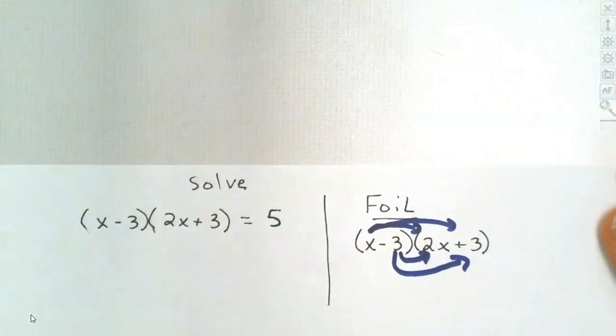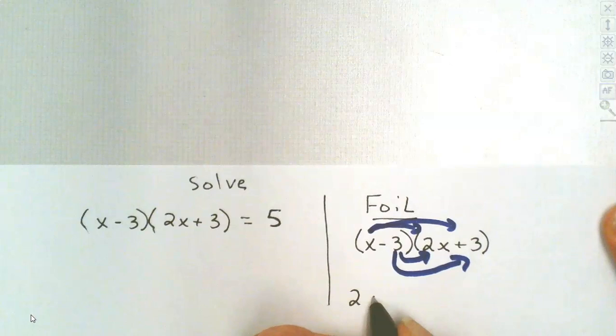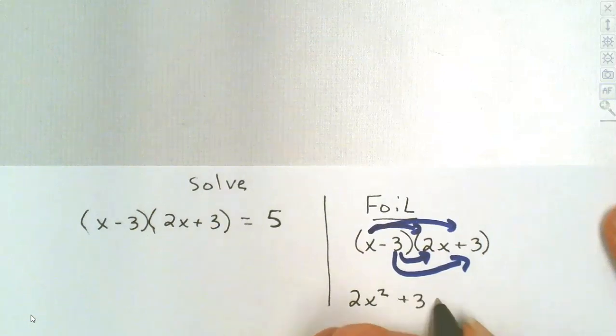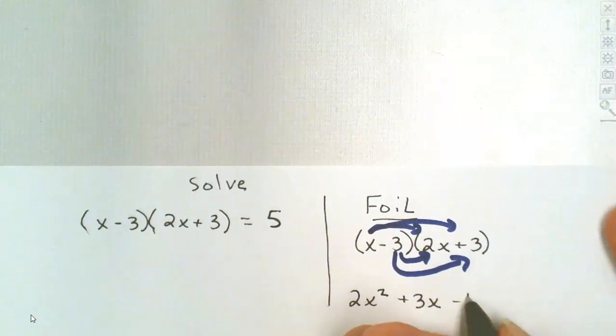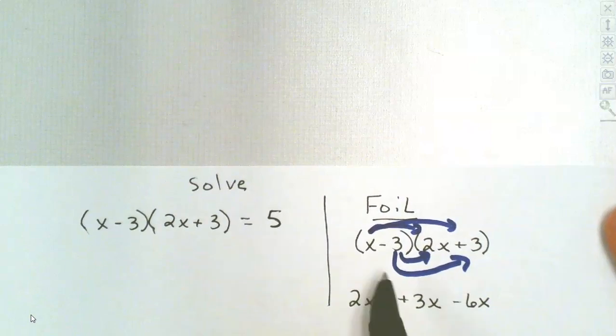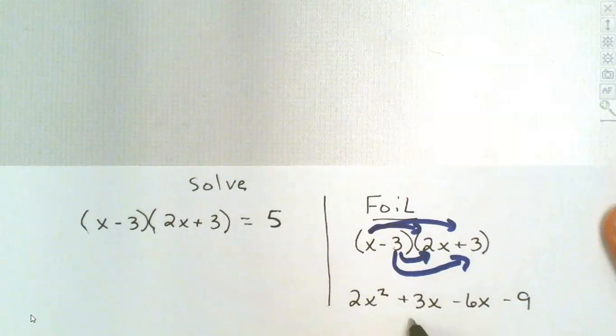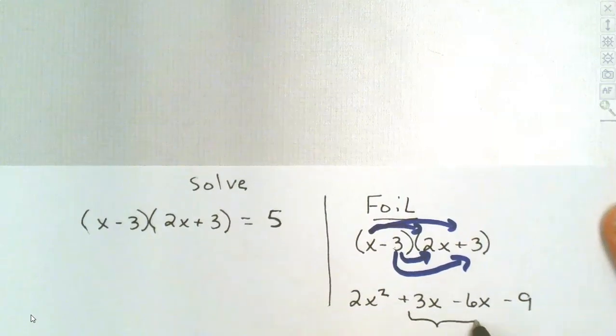So x times 2x, that makes it 2x squared. Then we've got outside and outside, that's a 3x. Inside and inside, that's a minus 6x there. And then last and last is minus 3 times 3, which is a minus 9. The middles can go together, and that gives you 2x squared minus 3x minus 9.